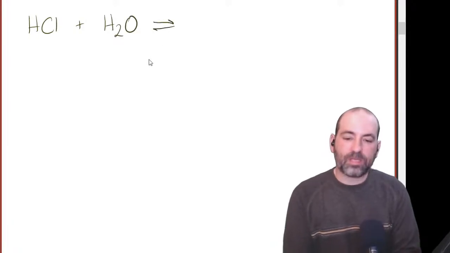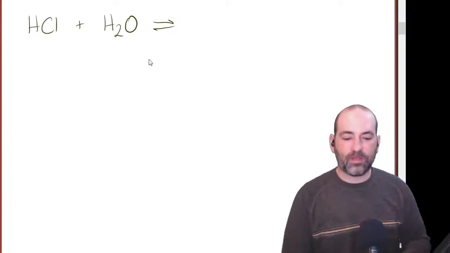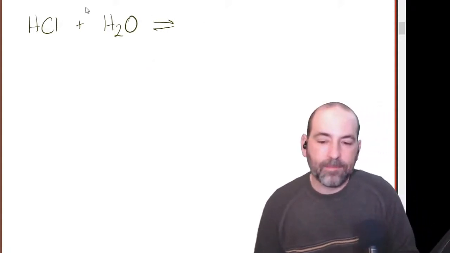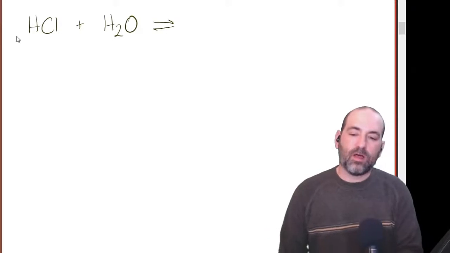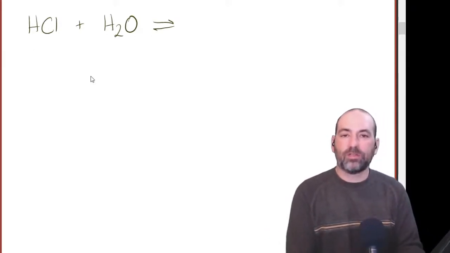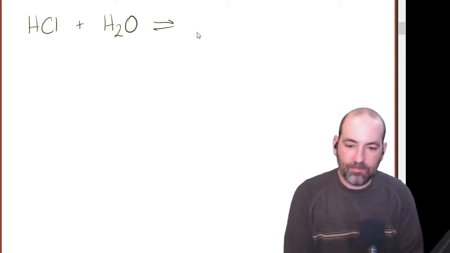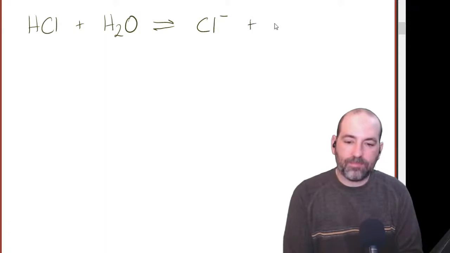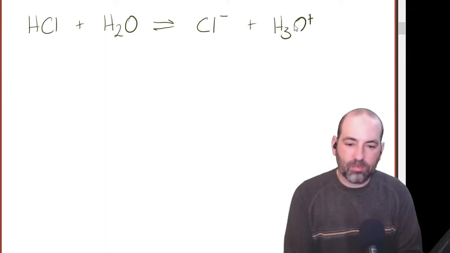Now, acid and base reactions can go both ways. We talked a little bit about that equilibrium several chapters ago. But if these two mix together, one of them is going to lose a hydrogen and one of them is going to gain it. So the products are chloride ion and hydronium ion, H3O+.